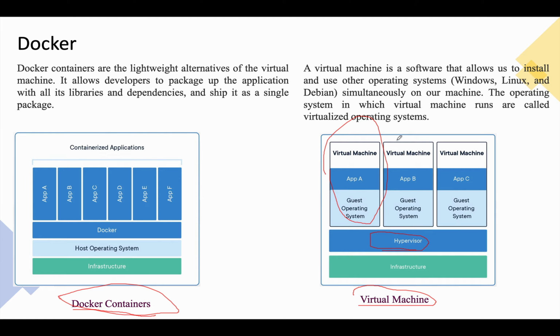We can install applications such as application A and app B in different operating systems. But in Docker containers, all the apps are on the same host operating system, and we use the Docker daemon to manage them.